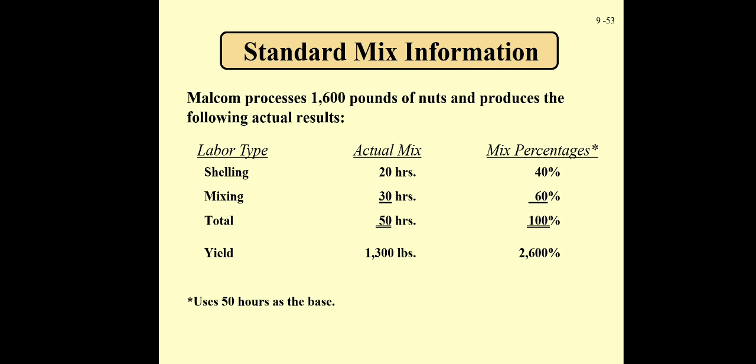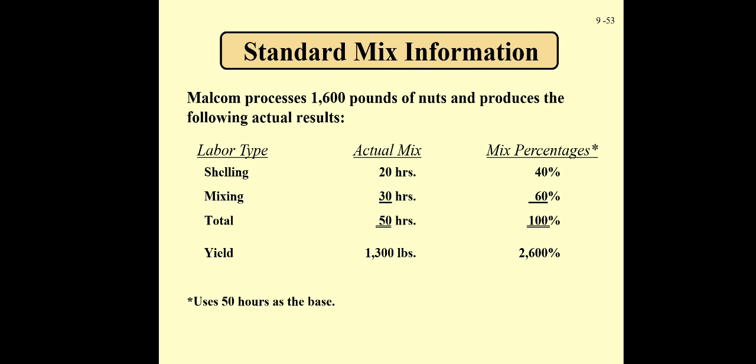Okay, let's see here. Standard mix information, actual mix percentages total 100%, 50 hours, yield is 1,300 pounds. The yield ratio is 2,600%.